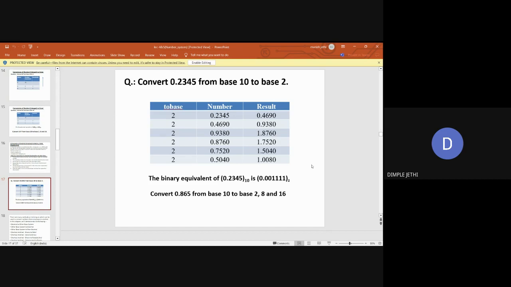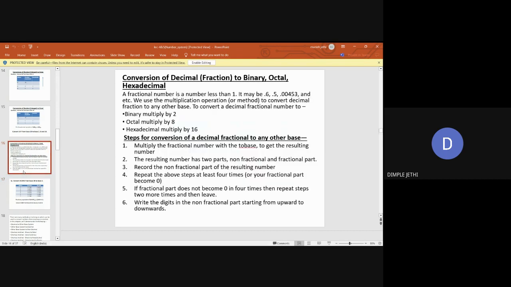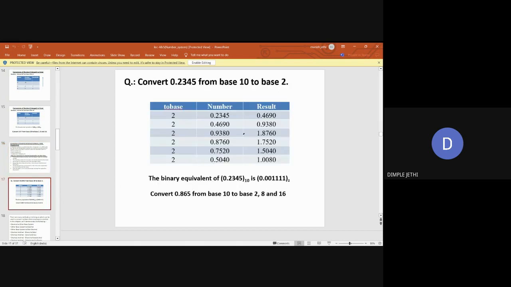This is the binary conversion of this fractional decimal number. Keep multiplying by 2 until you get 0 after the point, and then write the integer digits from top to bottom. Is it clear, both of you?